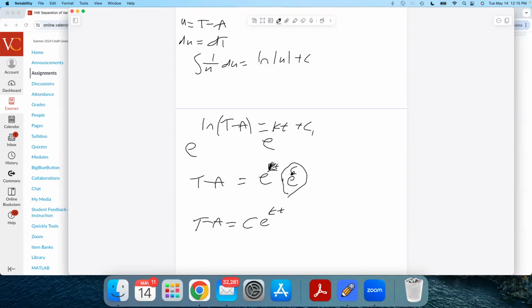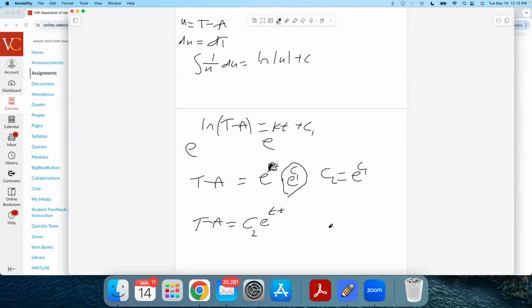And then I'll say, okay, I don't feel like carrying e to the C1 around, so I'm going to rename e to the C1. I'm going to call that C2. And this is really a different C than that one.